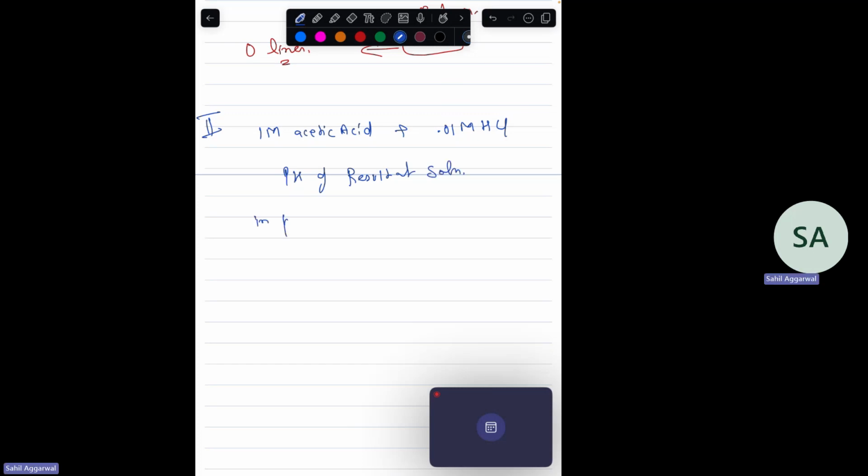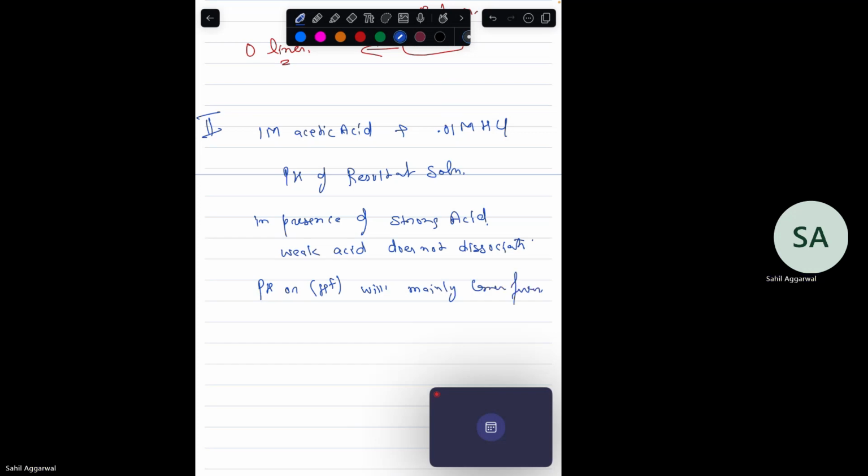In presence of strong acid, weak acid does not dissociate, so H plus ion will mainly come from HCl.